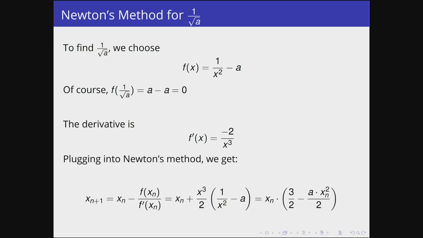And what is really nice is that if we compute the iterative steps of Newton's method, in the end we don't have to do any division operation, because both in here and here, we can actually multiply by 1/2 or use 3/2 as a constant.